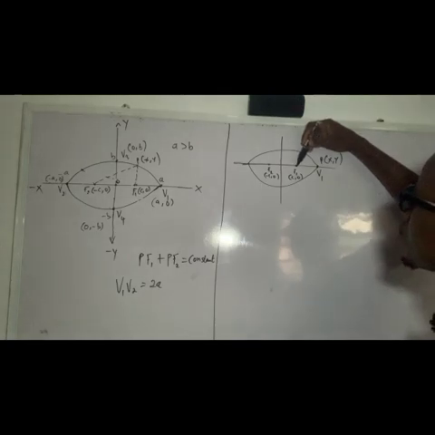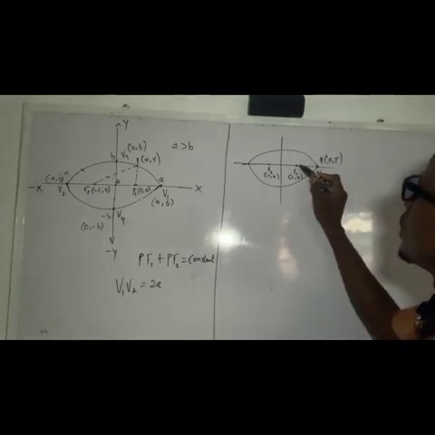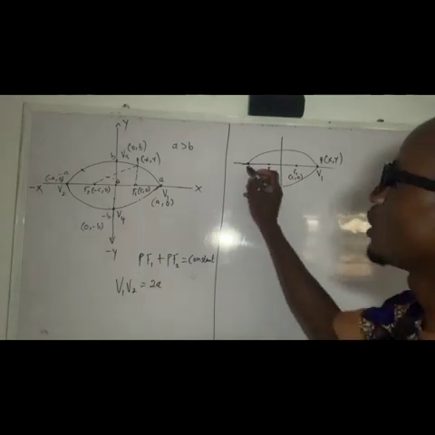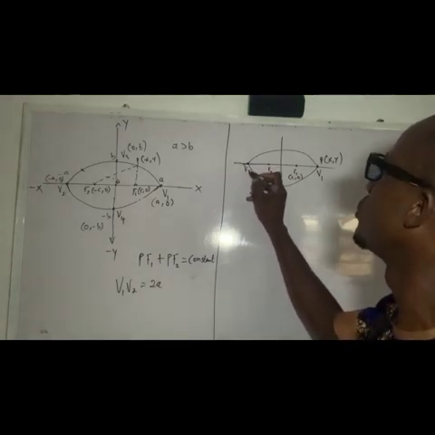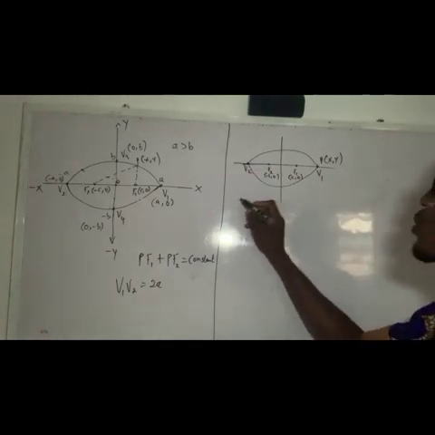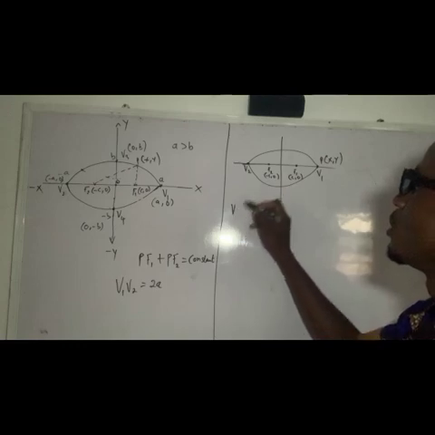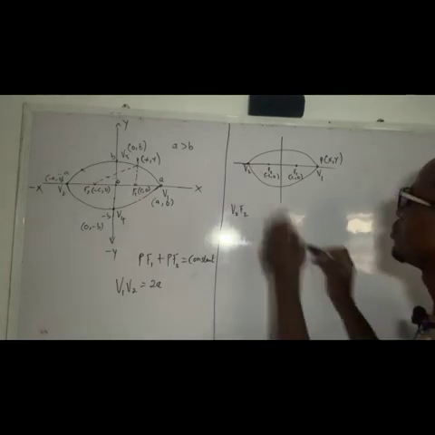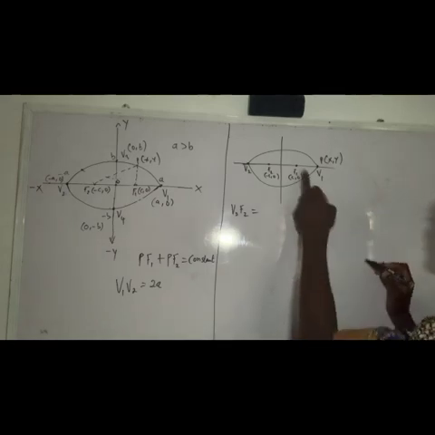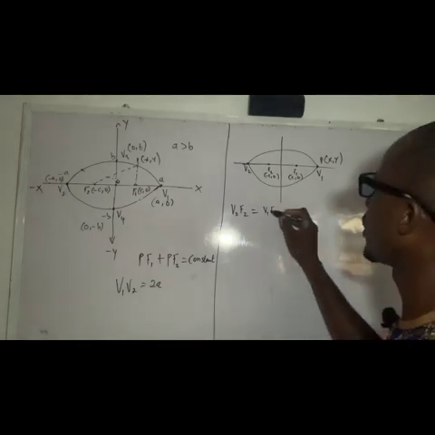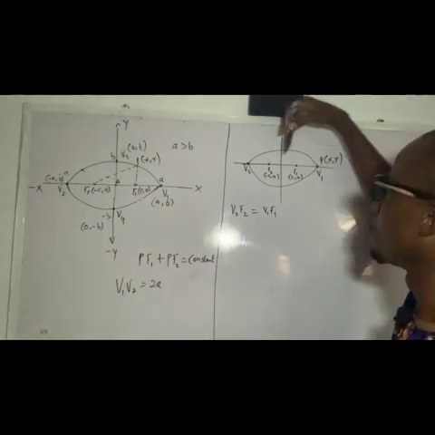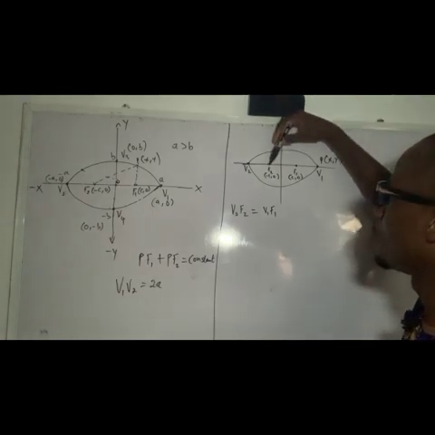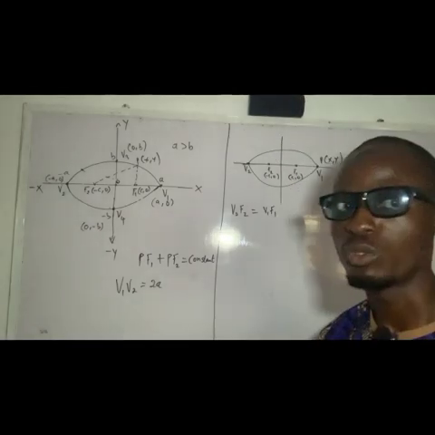The distance from here to here is also the same as from here to here. So let's label it V2, V1. So V2 to F2 is the same value as V1 to F1. So this to this must be equal to this to this, and from here to the center must also be equal to this. This diagram is not drawn to scale.